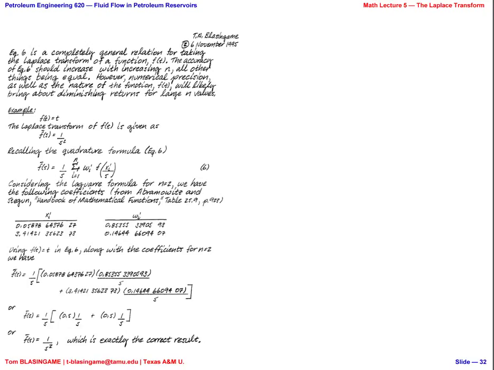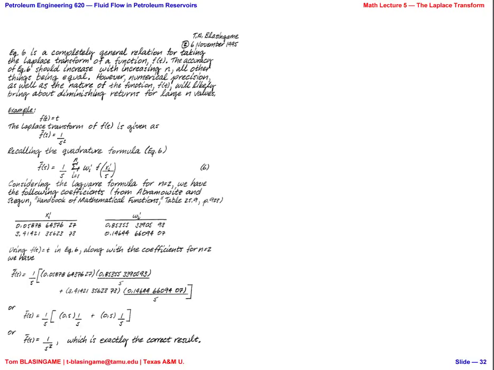Yeah, it is here. If you assume n equal 2, you expand this summation.